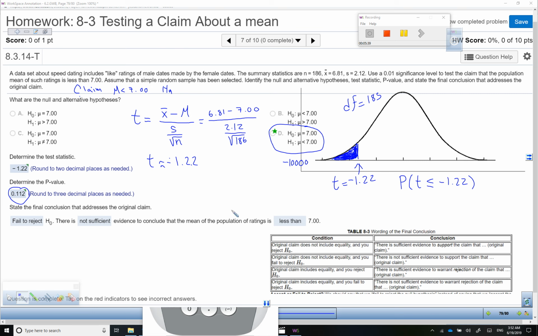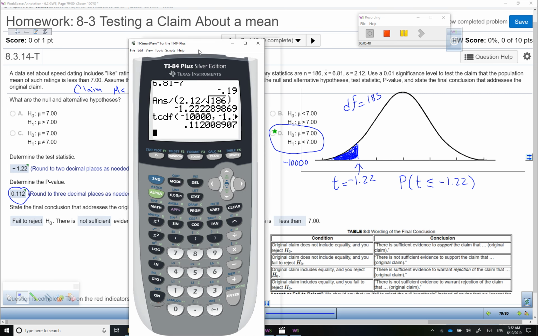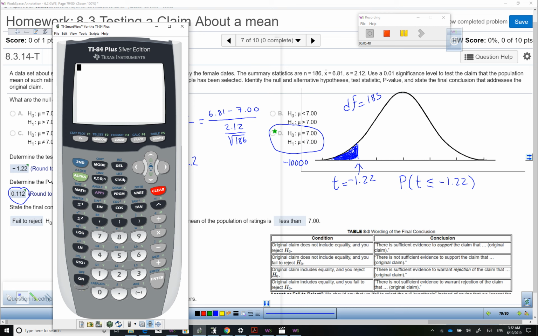Well, you can actually get the test statistic and the p-value with a shortcut on the calculator. Let me show you where that is located on the calculator. We go to STAT, we go to TESTS, pressing the right arrow here, and we pick T-Test, number 2. Highlight Stats, go to the side and press enter, and we've got to input all the information.